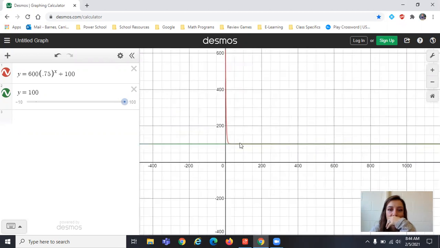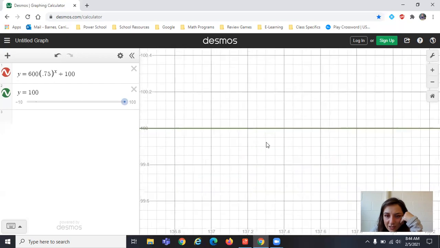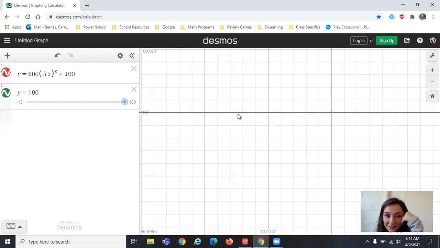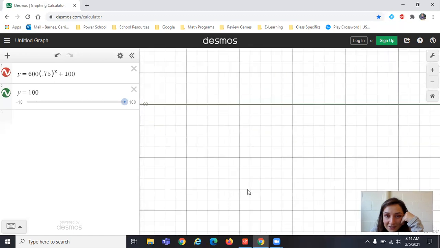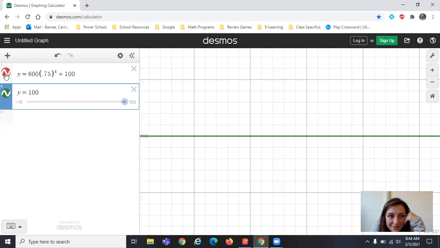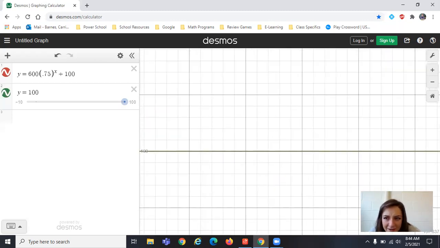Okay, so let's come back over here. And if you zoom in, you will see that these lines are not actually touching. Even though they're so close that Desmos says that they are touching, they're actually not. So let's see if it will cooperate with us this time. And you still can't really see it.